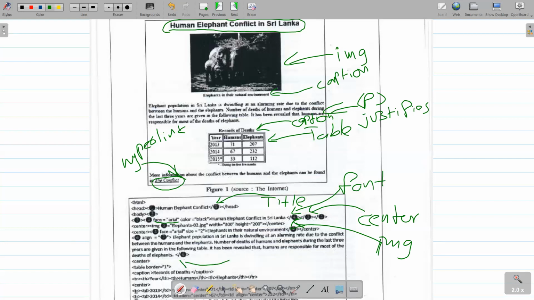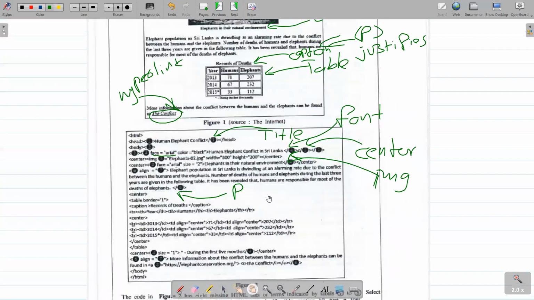Sixth is going to be the paragraph. The seventh, align equals, seems to be justified.